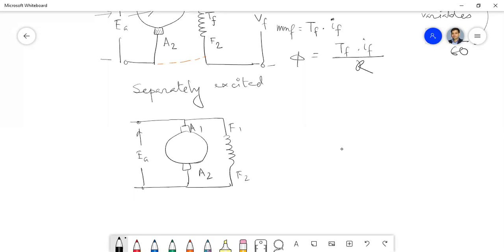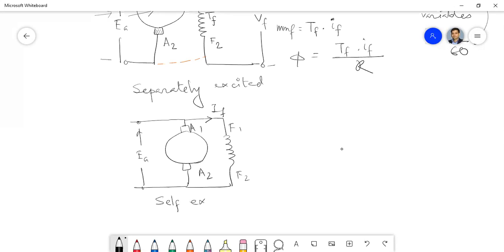Then this armature will flow the current through the field. Are you getting? So this type of configuration is called self-excited. There are other self-excited configurations, but this is one of them.